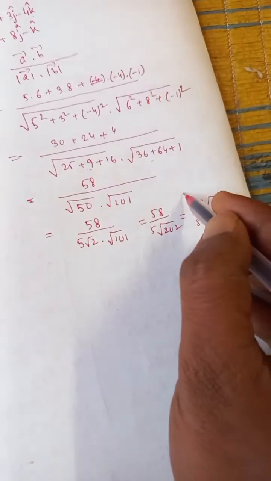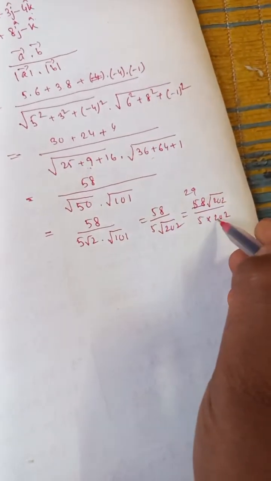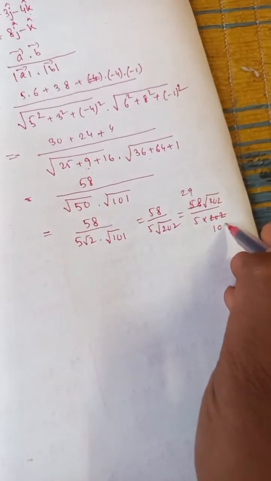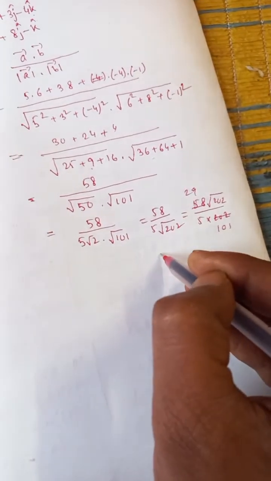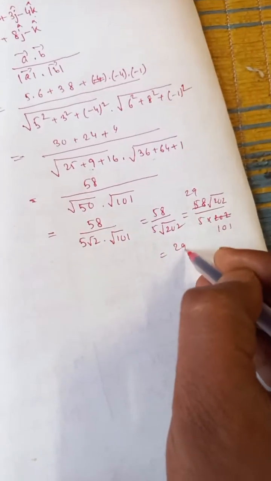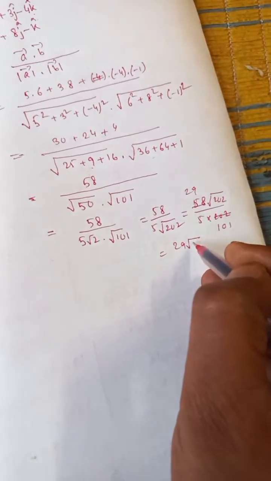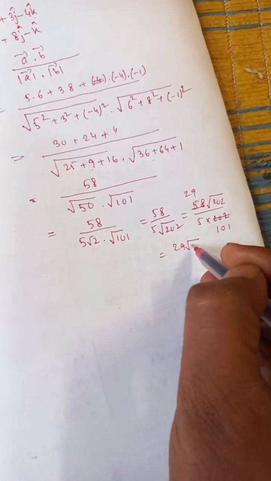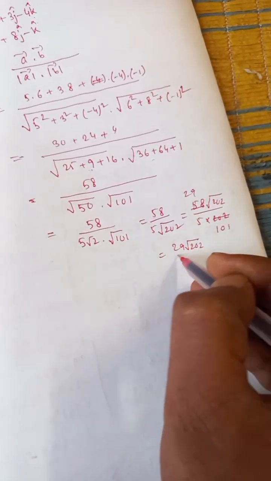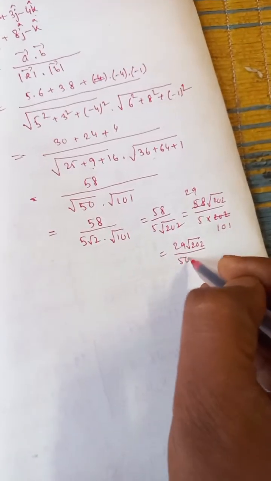So this will be 29, this will be 101, so this will be 29 root over 202 by 505.